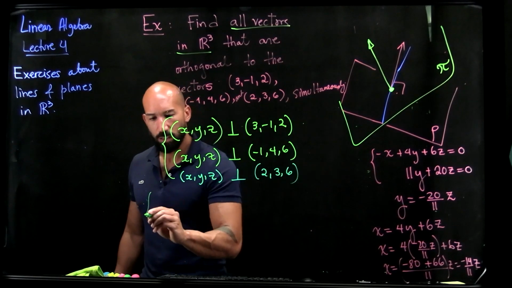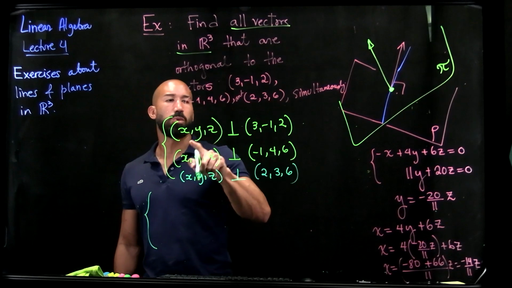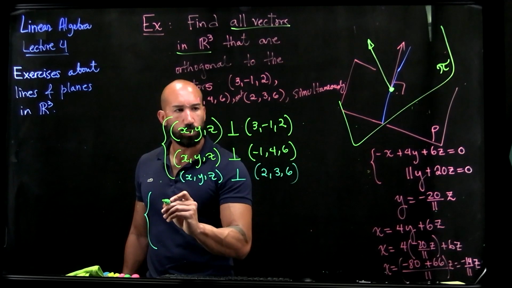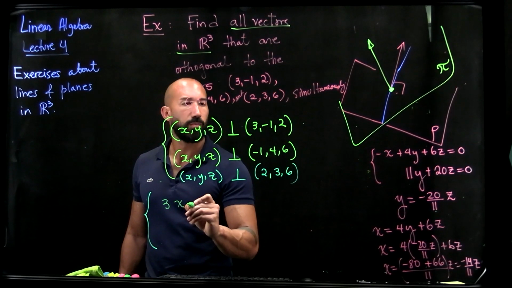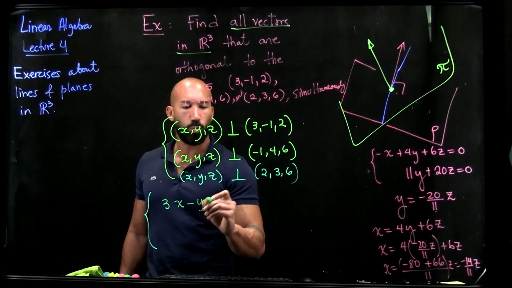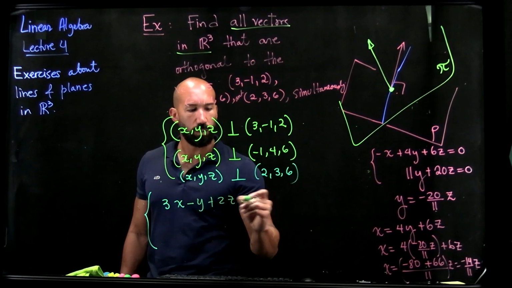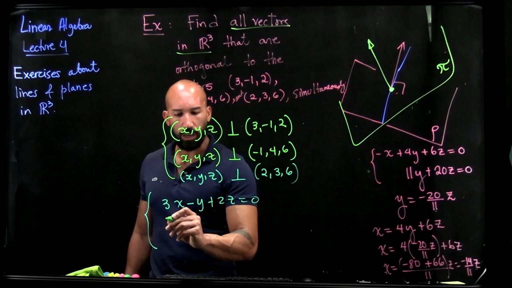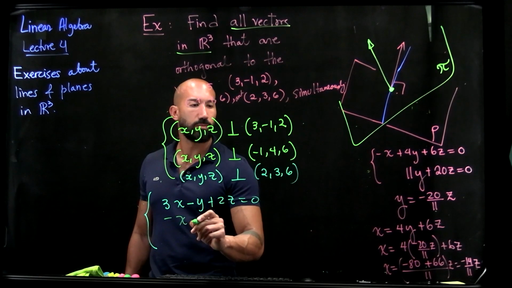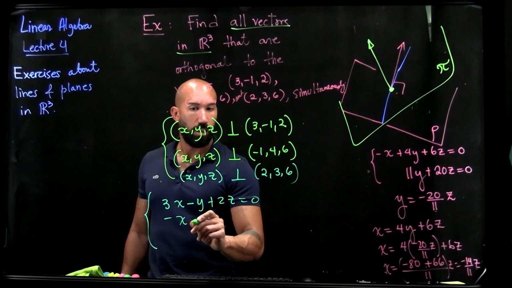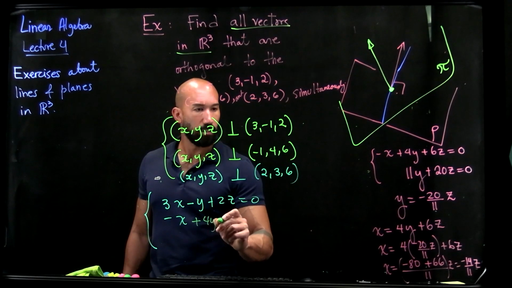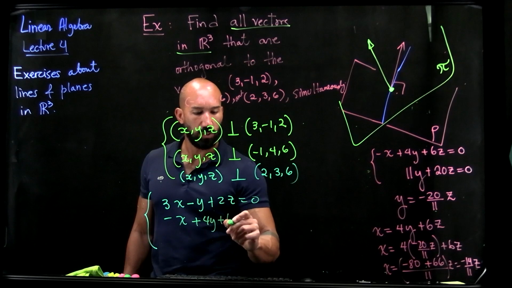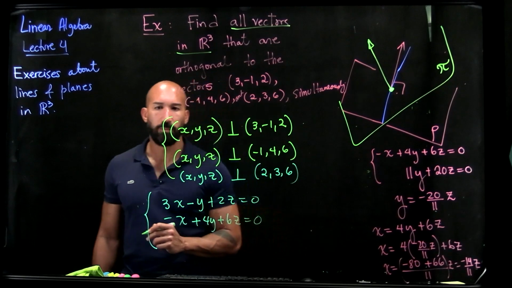Well, this means that the dot product is 0, which we get 3x minus y plus 2z equals to 0. Dot product here is 0 as well, so we get minus x plus 4y plus 6z equals to 0.